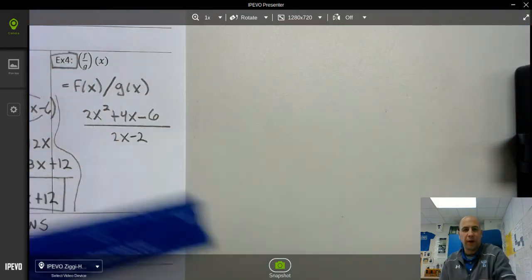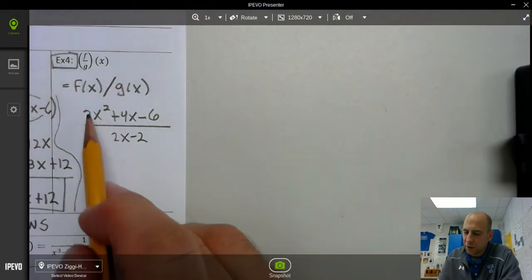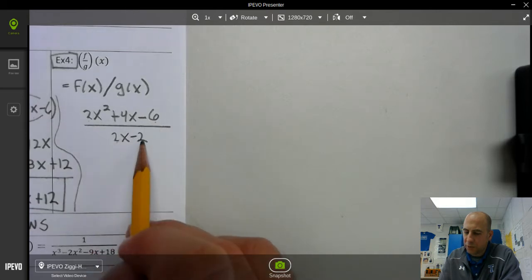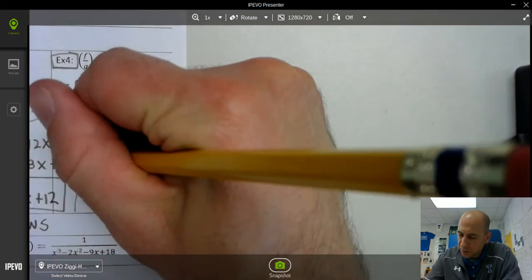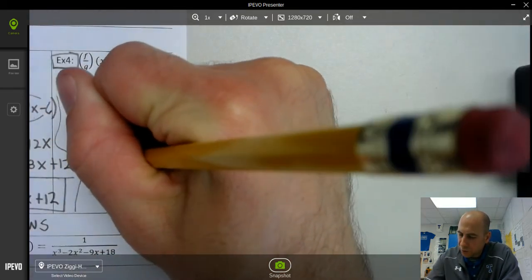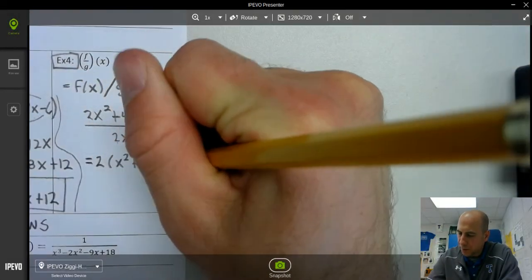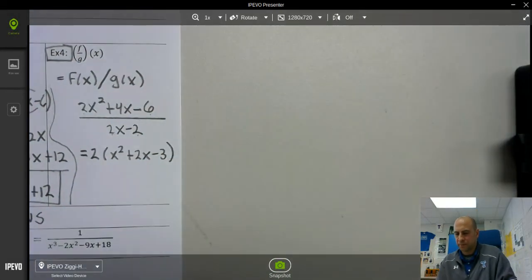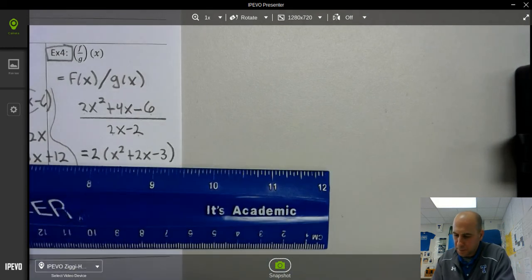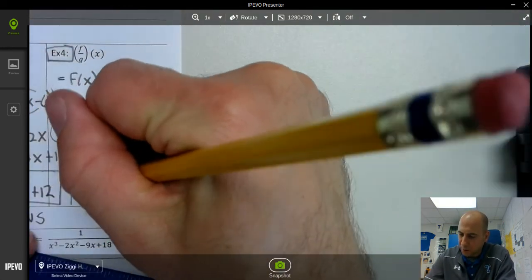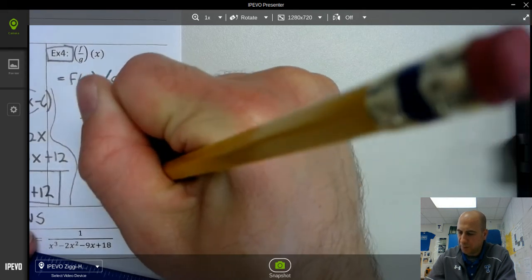We're going to divide by factoring, and it looks like we can factor out a 2 from all the terms in the numerator and 2 from all the terms in the denominator. So that is 2x squared plus 2x minus 3, divided by 2 times x minus 1.